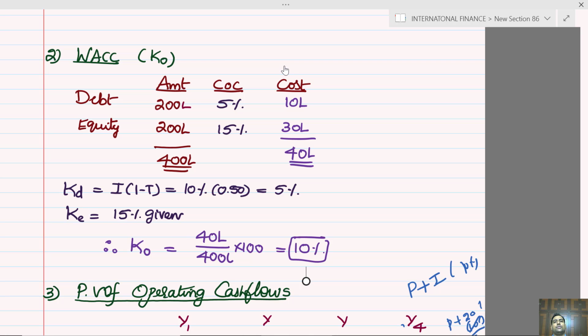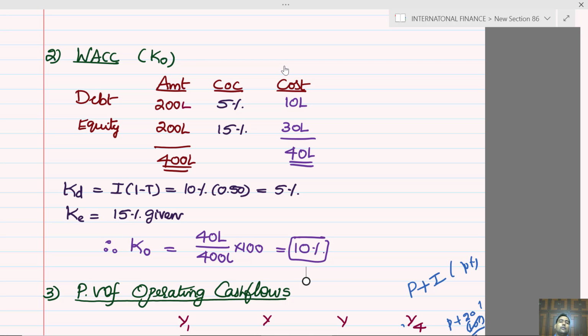Our financing mix won't change. The rate of return expected by the shareholders and by the lenders will remain constant. But practically speaking, the rate of interest expected by lenders always varies from project to project. With respect to high risk projects, they require high return. With respect to low risk projects, they require less return. So there is no fixed rate of interest, and no fixed rate of return expected by the shareholders.